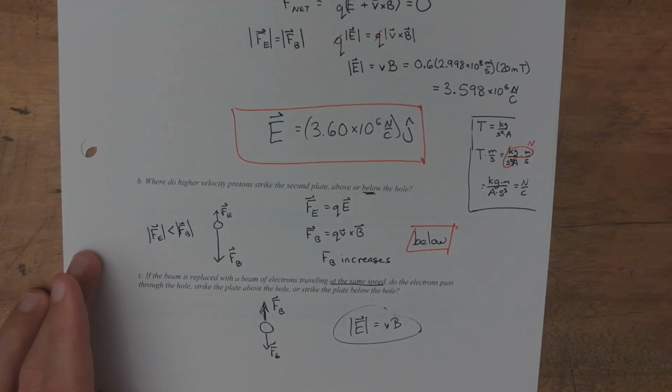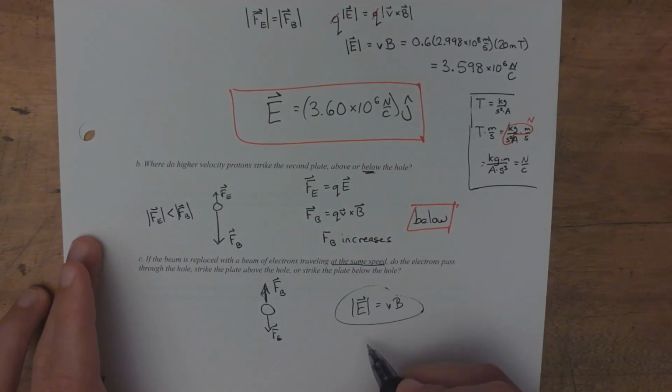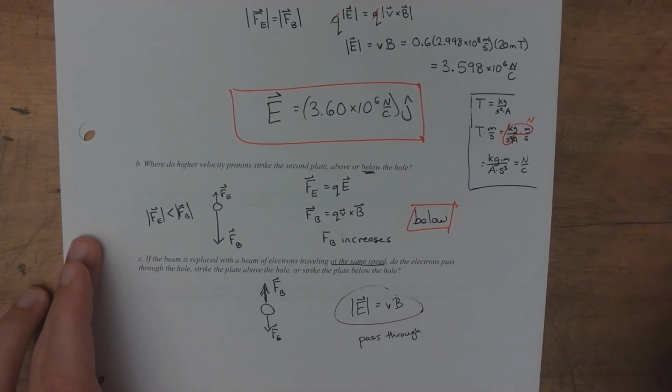So electrons traveling at the same speed would pass straight through, just like the protons did. So they would pass through.